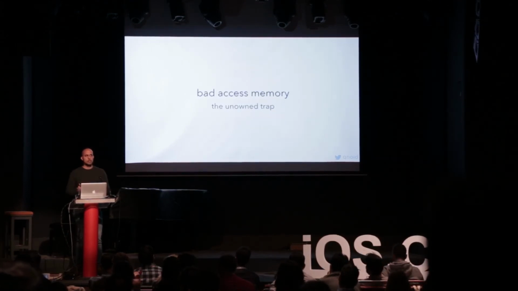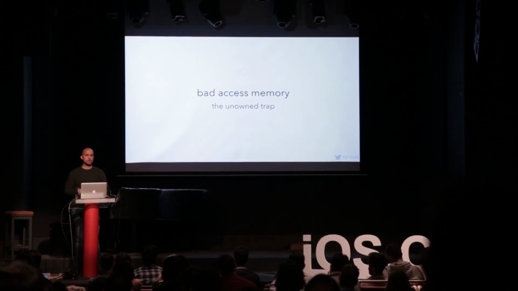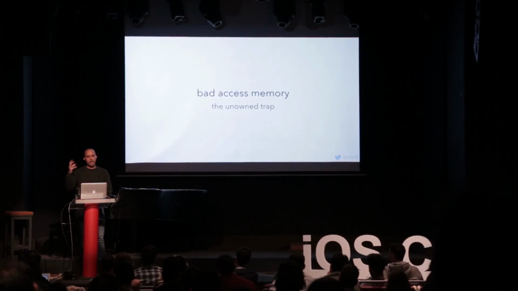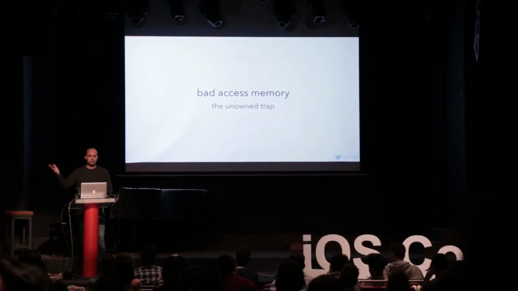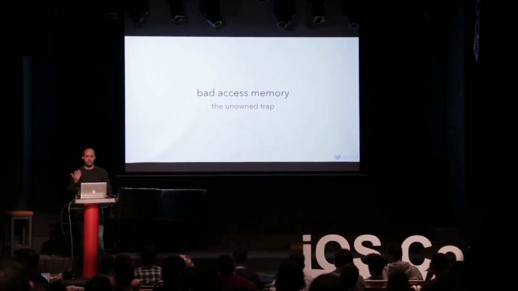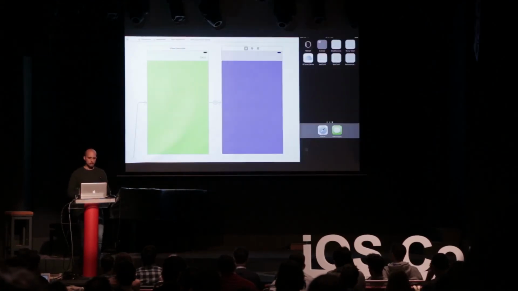And one typical way to get into this state is if you're using closures or blocks, let's say, in Objective-C. Because you capture a reference of whatever it was to later access it and do something with it, but maybe that view controller, in this case, is already gone. And we're going to see how that works out.